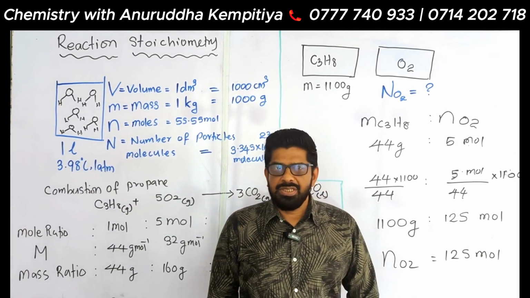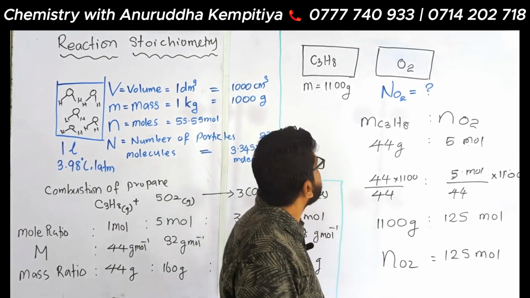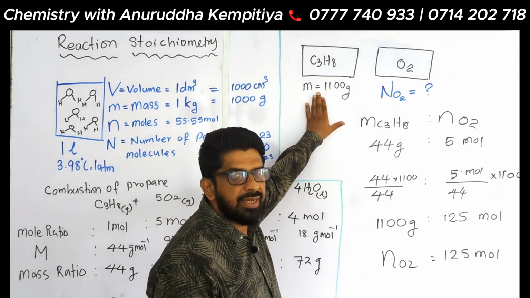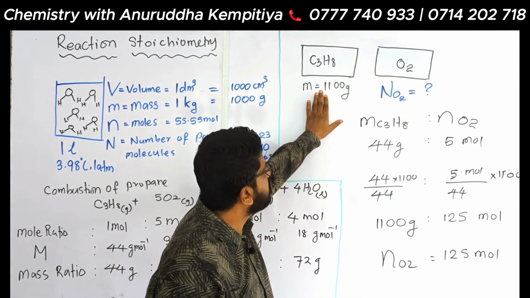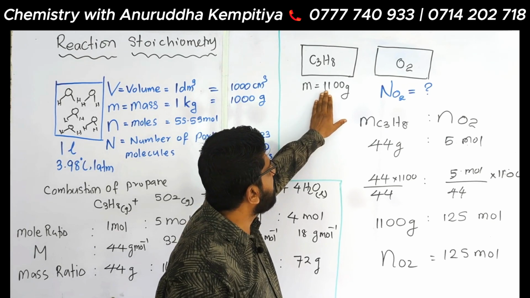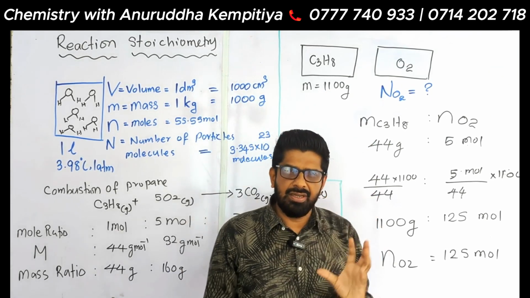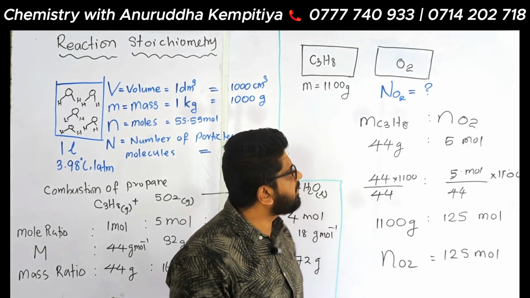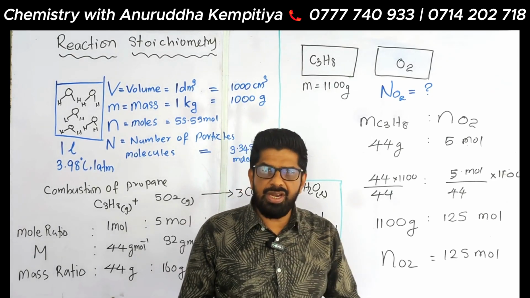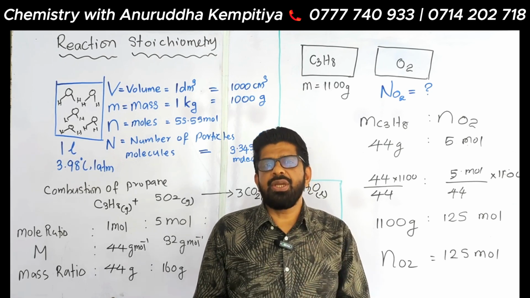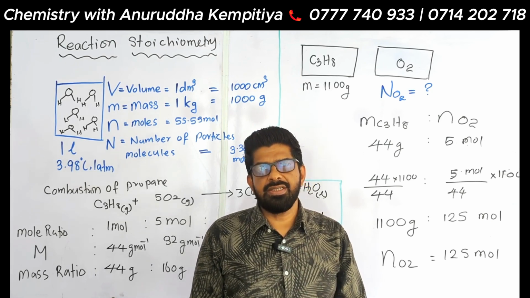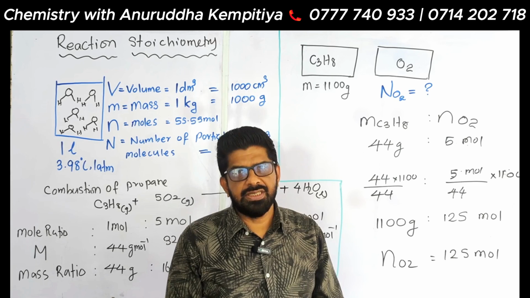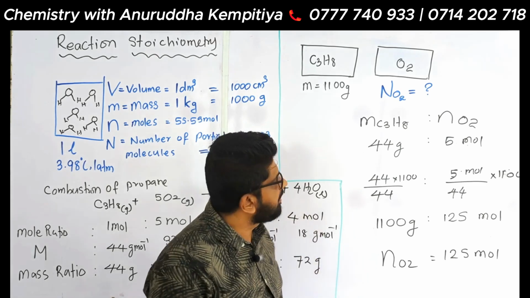Now the question is slightly altered. Same quantity as in the previous calculation, 1100 grams of propane is available, and this time they ask how many oxygen molecules, number of particles, are required for this combustion. That is the question.